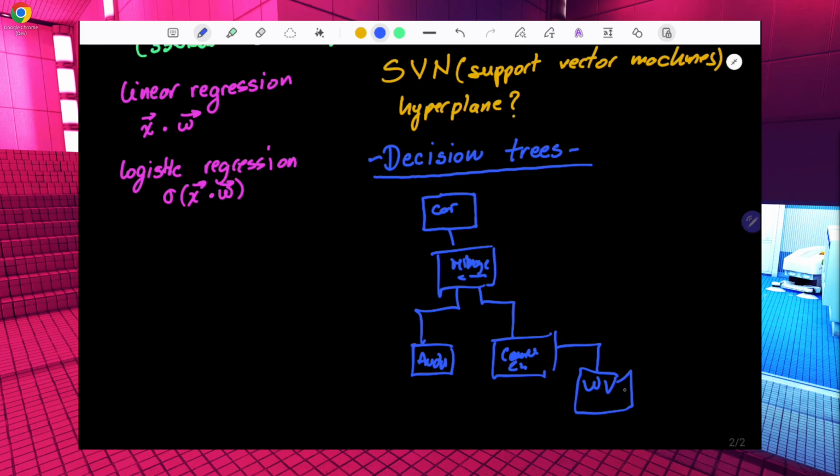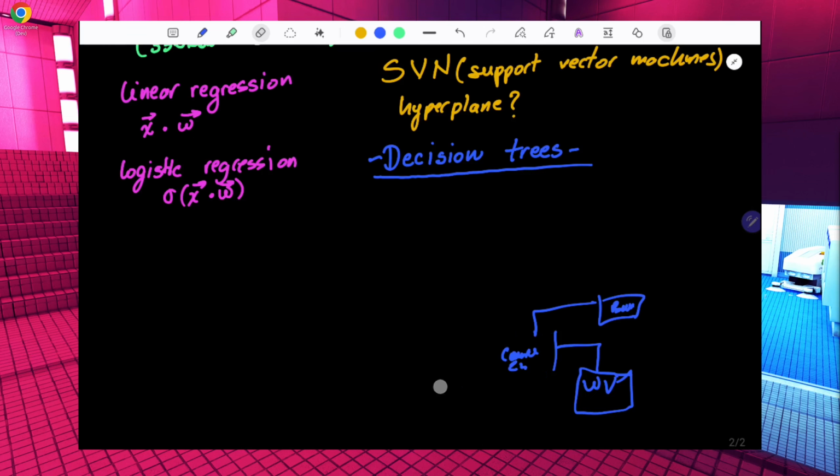Or it can be a BMW, stuff like that. So these are decision trees. Again, I won't go too deep into this because I hope we will do more of this in the coming chapters.